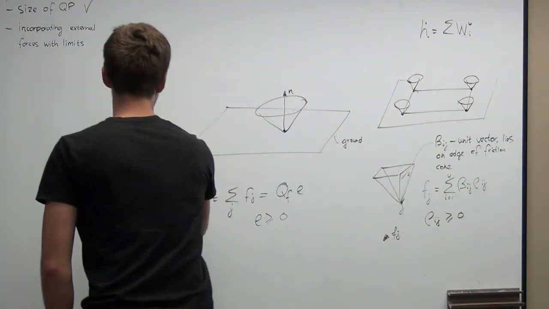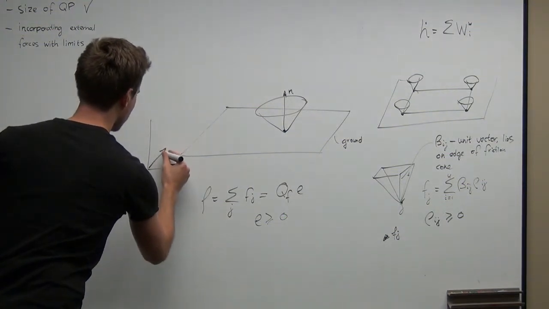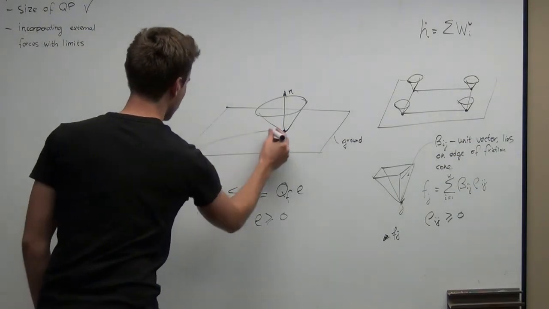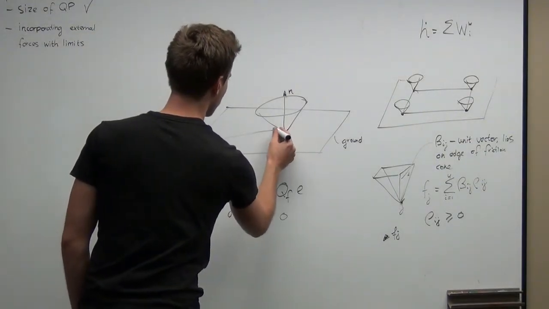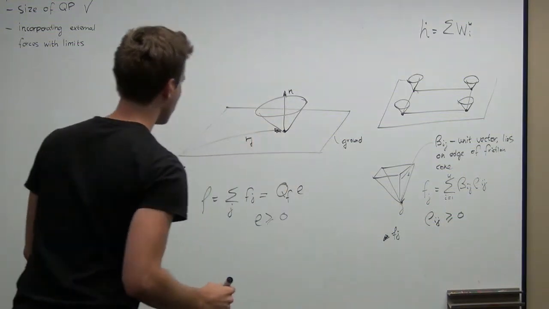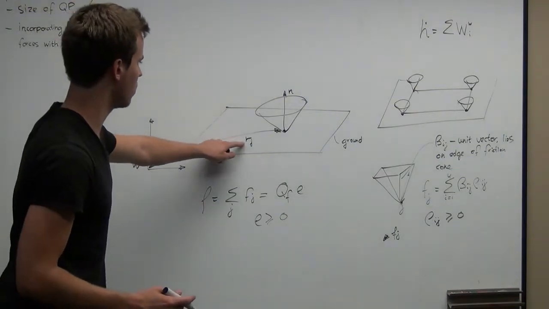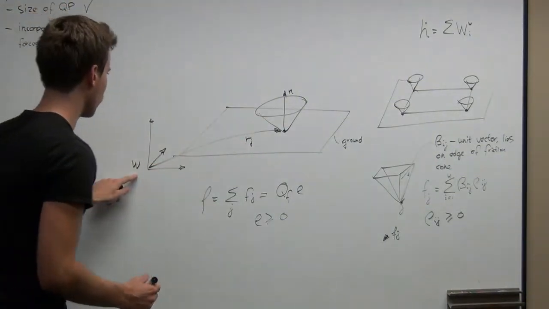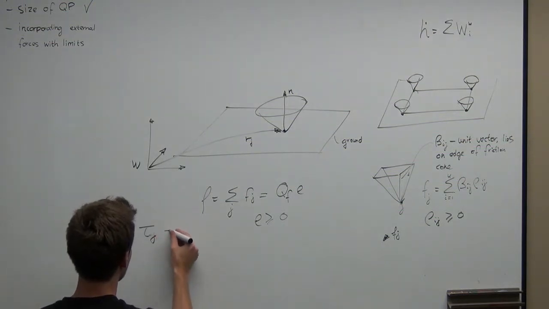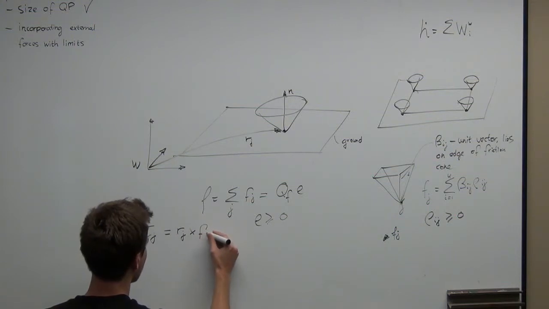If you have a world frame here, and the location of this contact point in world frame is Rj, then the torque exerted by this force in world frame is tau j equals Rj cross Fj.